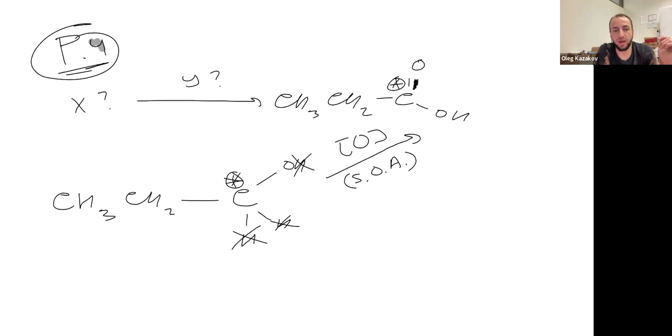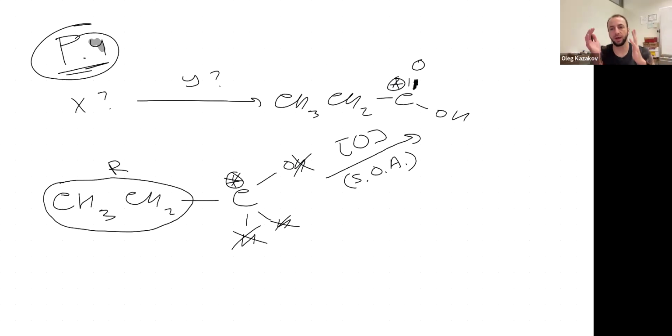Let's imagine this is an R group, and this CH2OH will be turned into COOH. That's your blueprint pattern that tells you how to convert the primary alcohol into an acid using a strong oxidation agent.